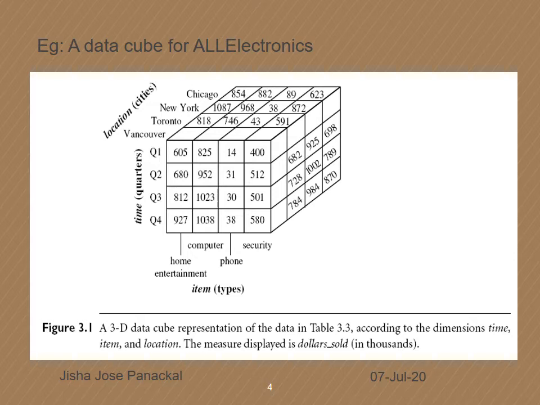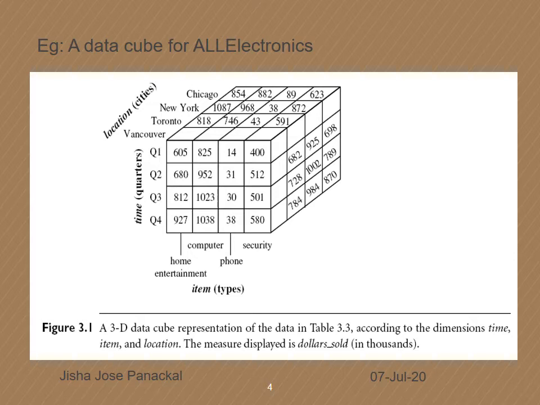Different items are home entertainment, computer, phone, security, and we have divided the time into quarters, that is quarter 1, quarter 2, quarter 3, quarter 4, which represents quarters of months, that is quarter 1 represents January, February, March, like that.